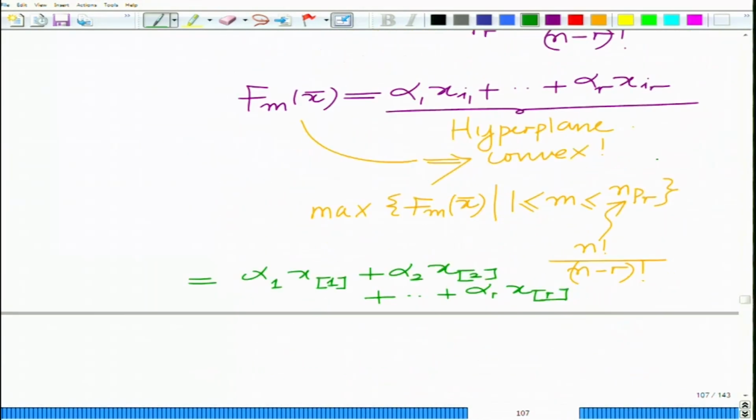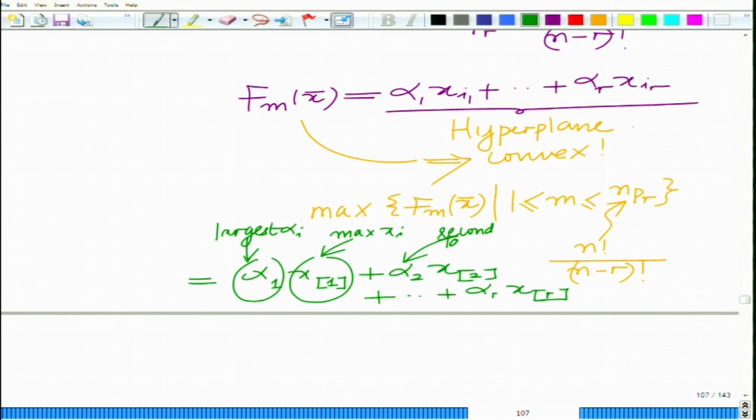So the maximum occurs when the largest alpha, alpha 1, is associated with the maximum x_i, the second largest alpha is associated with the second largest x_i, and so on.